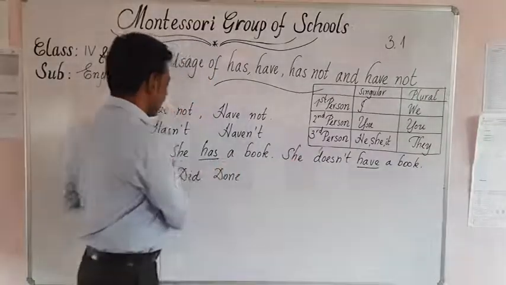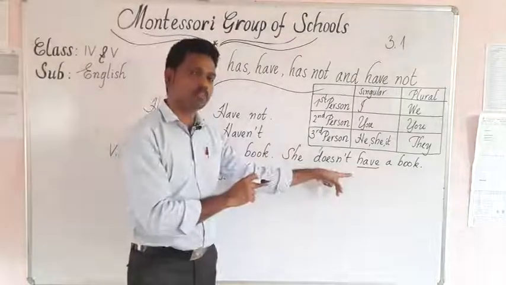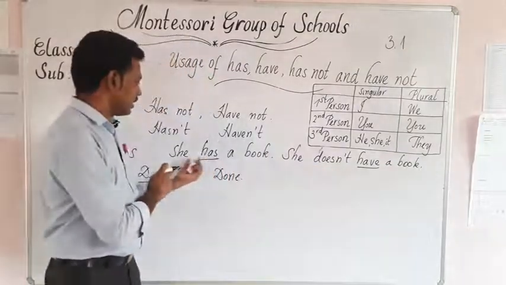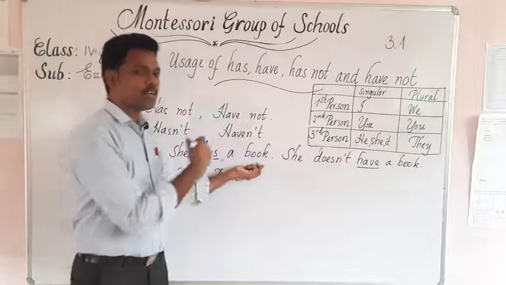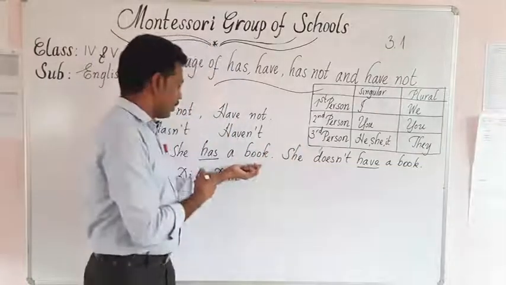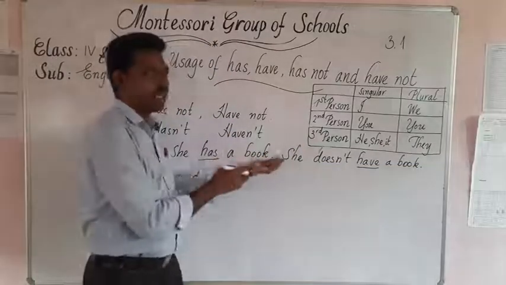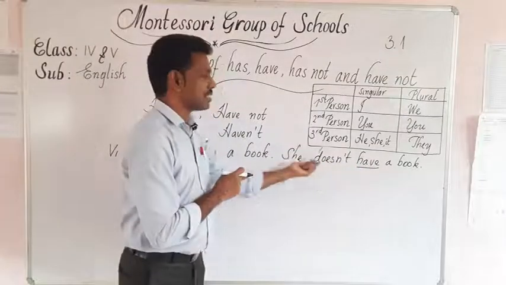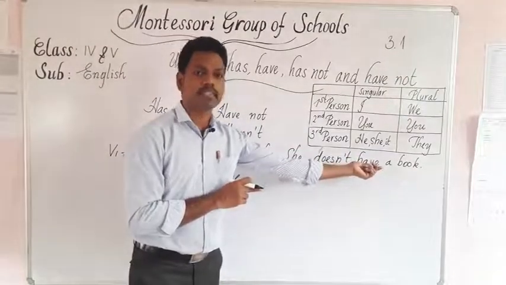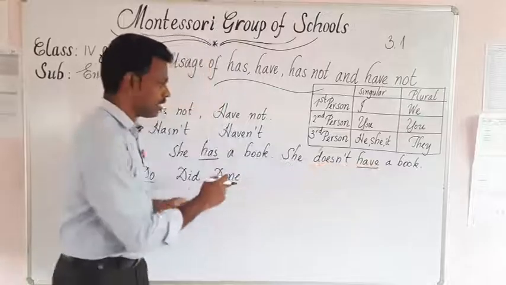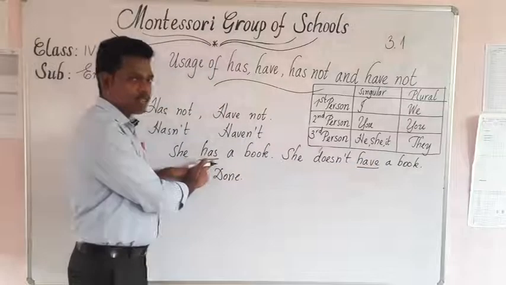We can't simply write she has not a book. That is a wrong sentence. Here she has a book. In order to change it into negative, we can't simply add not: she has not a book. She doesn't have a book. That is the correct usage. So there, has is possessive.